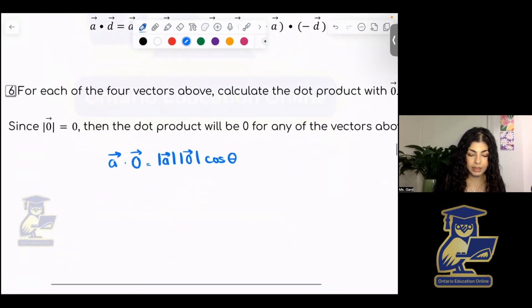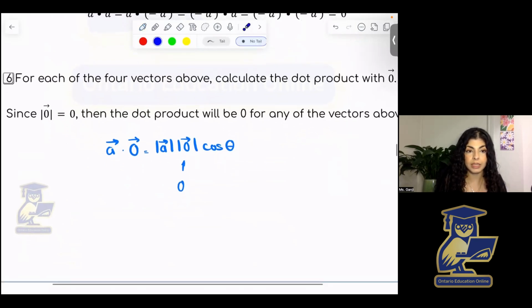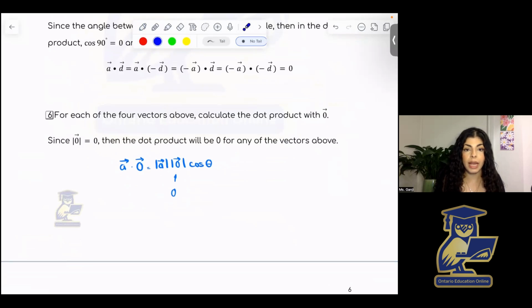But really, this part is 0. So then it doesn't even matter what the other parts are. This whole expression will be 0. And that's also another property now where any vector, its dot product with the 0 vector will be equal to 0.